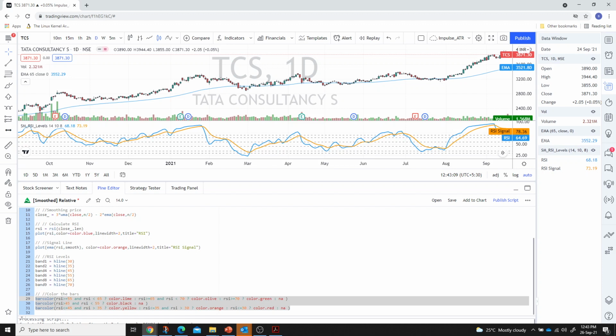When it is black, I will stay on the sidelines, and when it is orange or red, I will enter short. I will use yellow and lime as a sign of reversal, okay, to prepare for the trade. This is my visual representation.